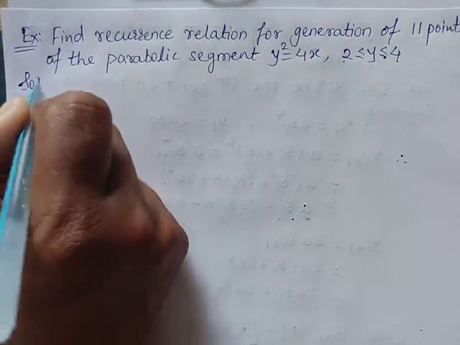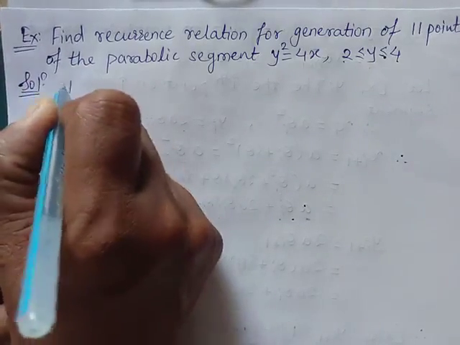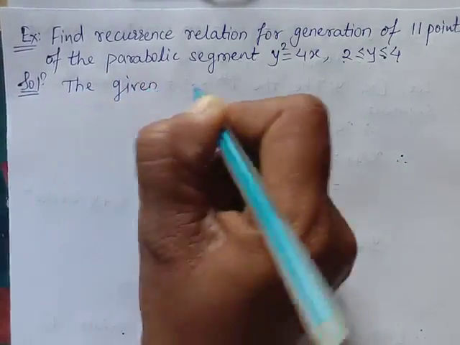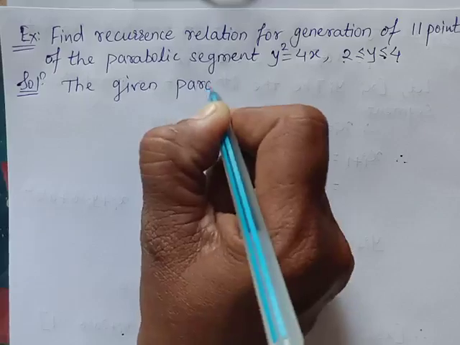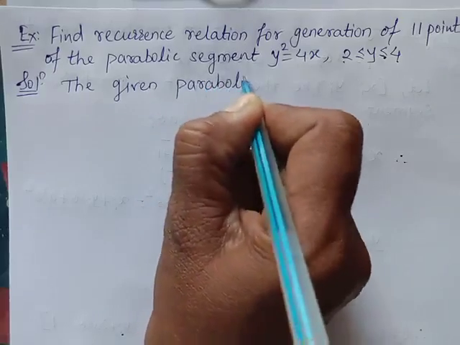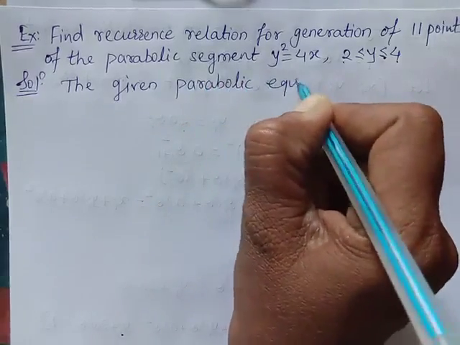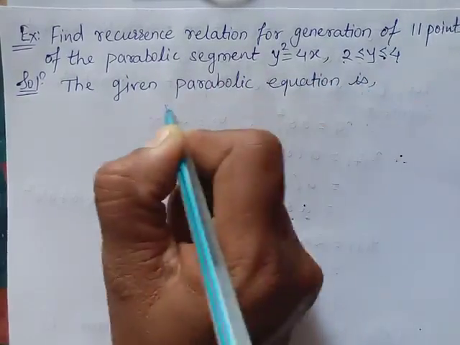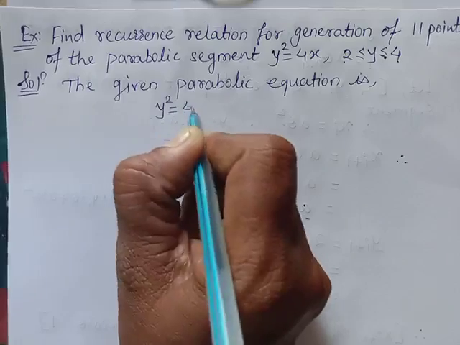Solution: the given parabolic equation is y square equal to 4x.